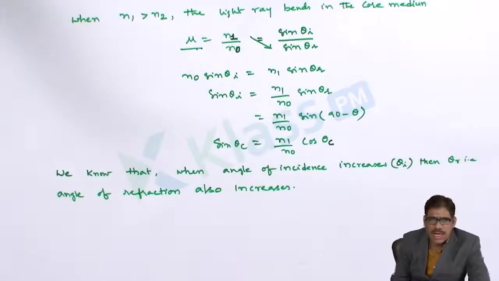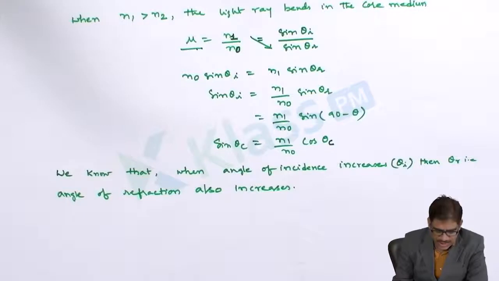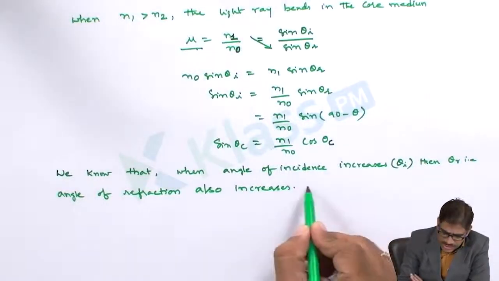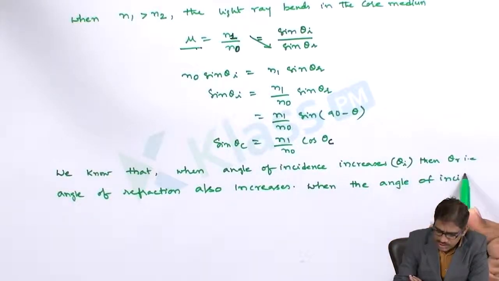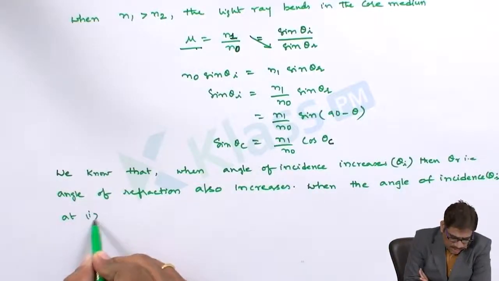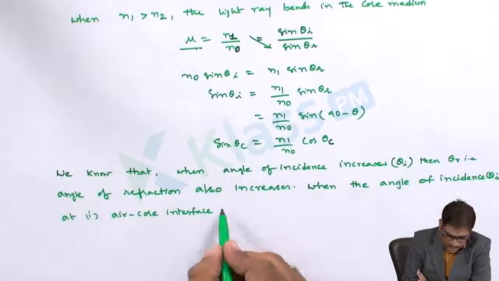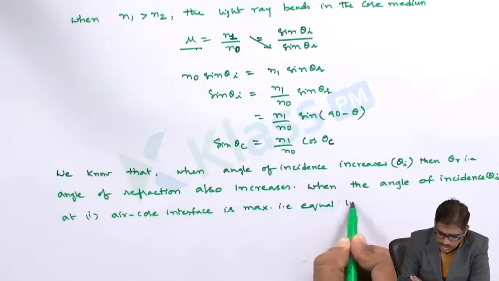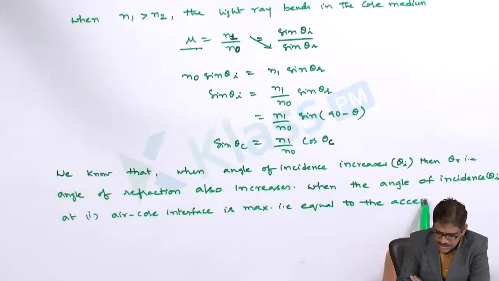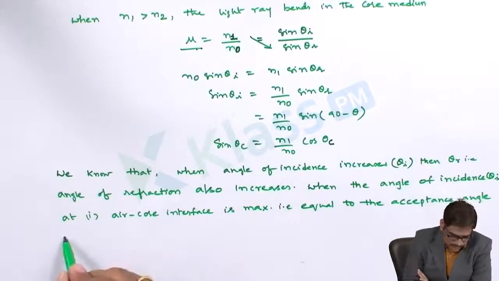So we can state that when the angle of incidence theta I at the air core interface is maximum, that is equal to the acceptance angle, we write that angle as theta I max.